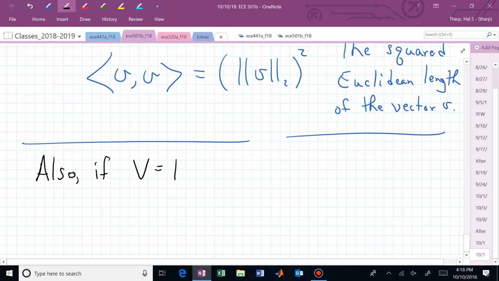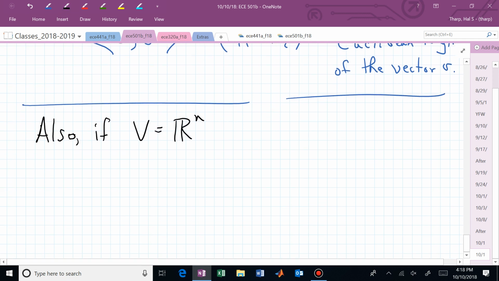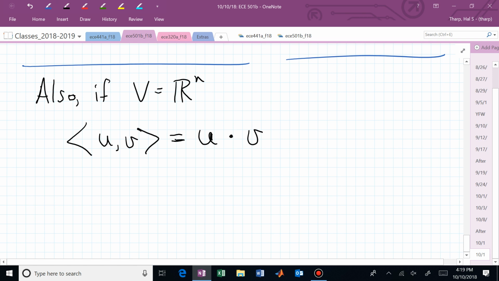Also, if our vector space is actually R to the n, so now we're dealing with a real vector space, then if we have the inner product of u with v, that's now just u dotted with v, and I don't have to worry about conjugating elements since I'm dealing with real numbers or real scalars. So this is now the dot product.